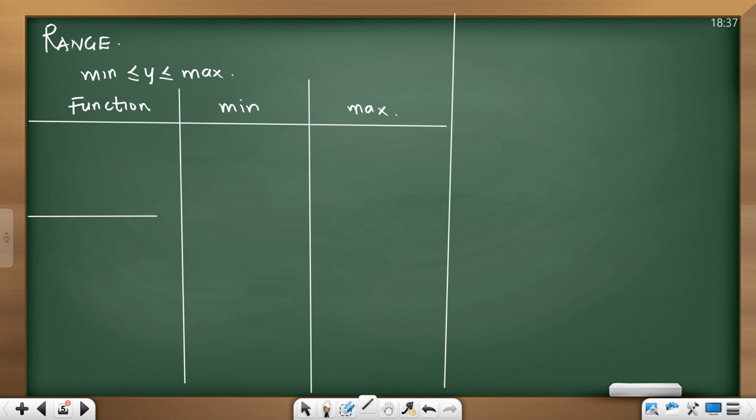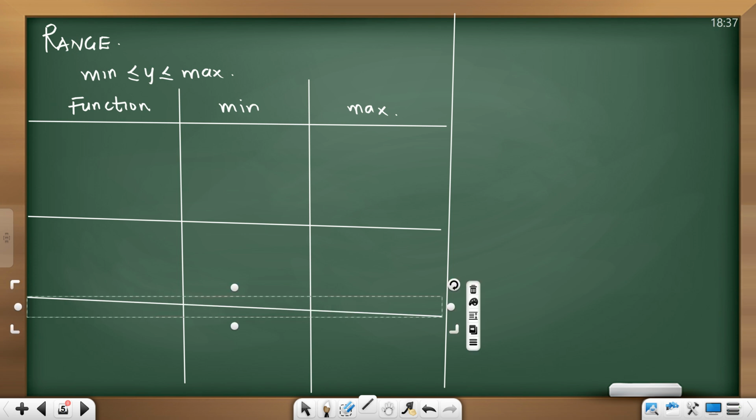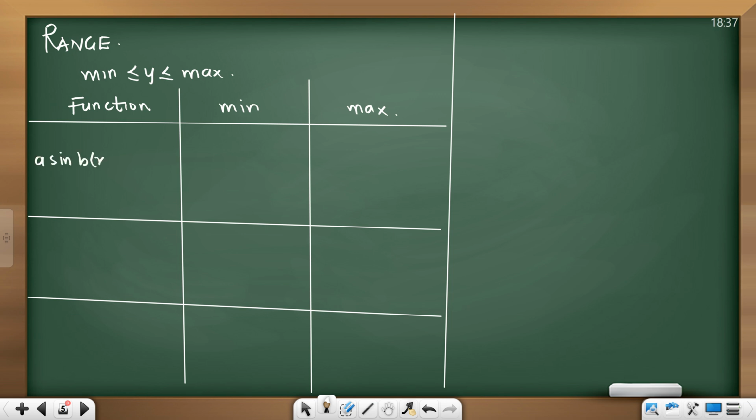I'm only going to do 3 of them, but I'll be compressing the whole thing. So, A sine B x plus or minus P plus or minus Q. What is my minimum?